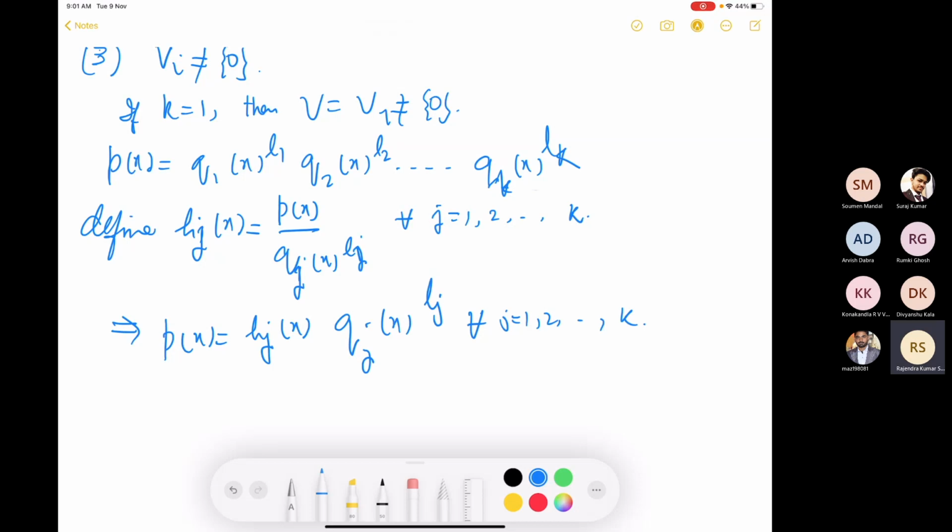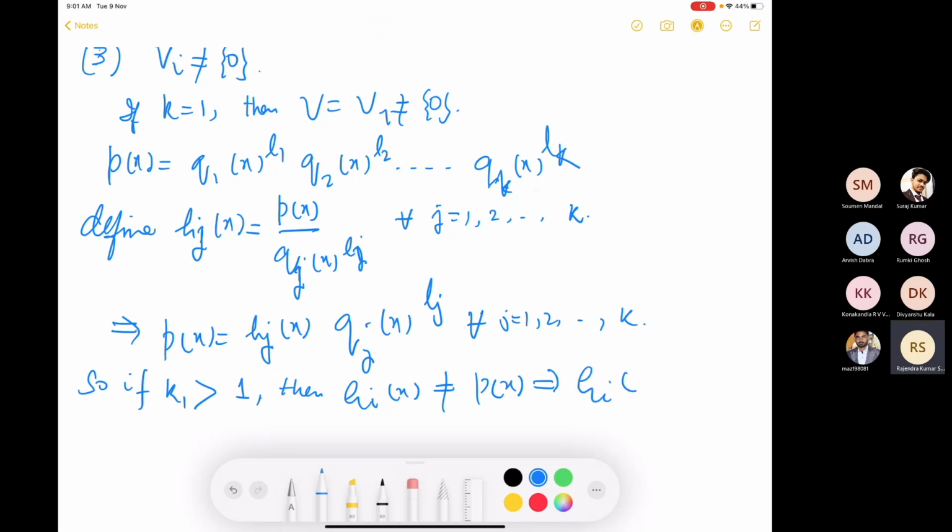Now if k is greater than 1, then what will happen? hi(x) will not be equal to p(x), naturally, because there is some factor missing.